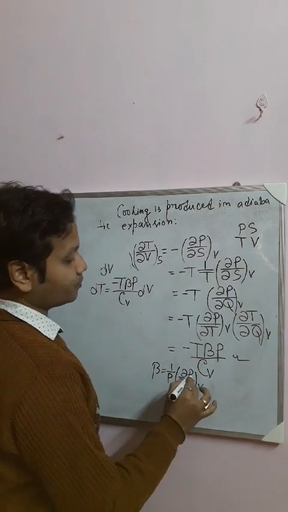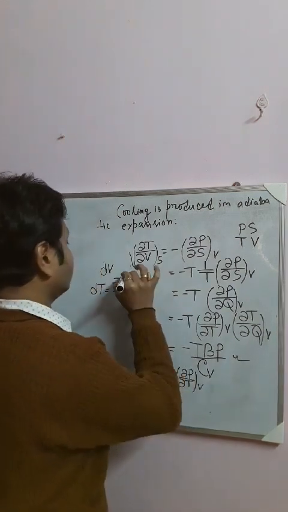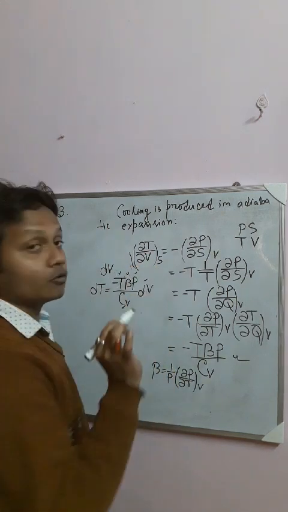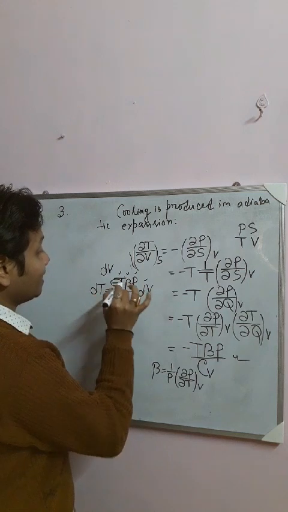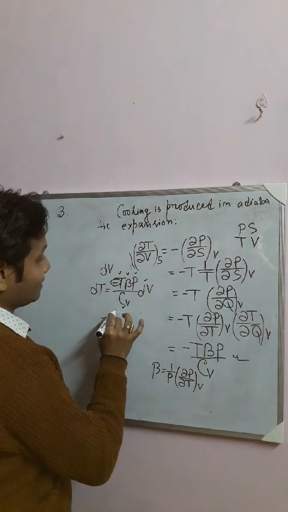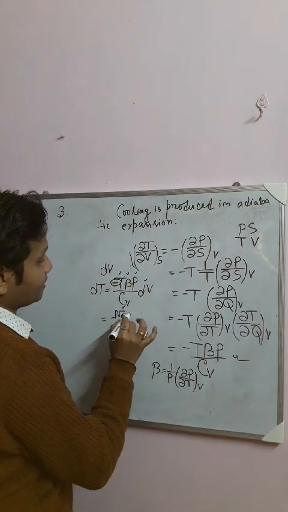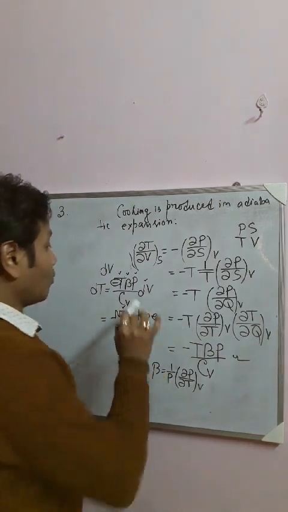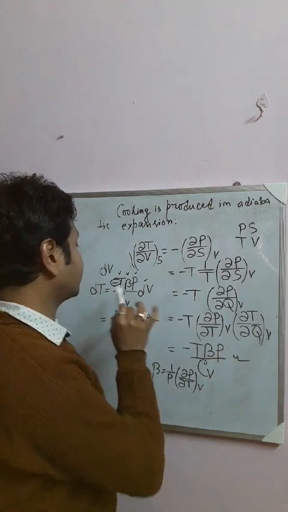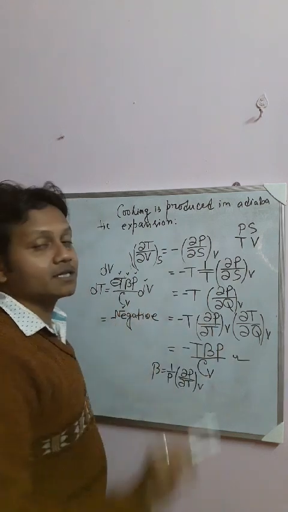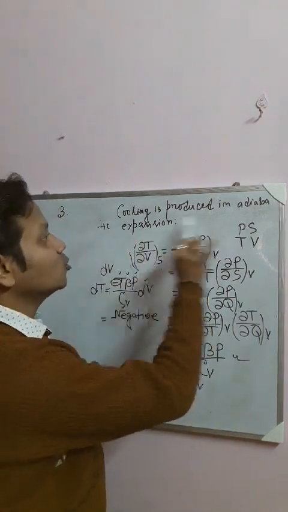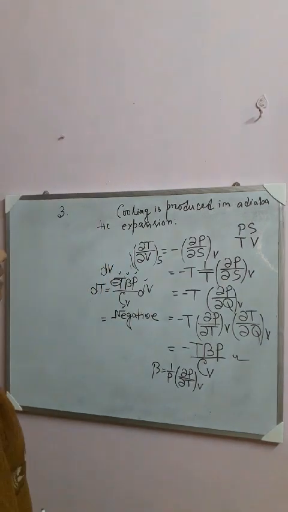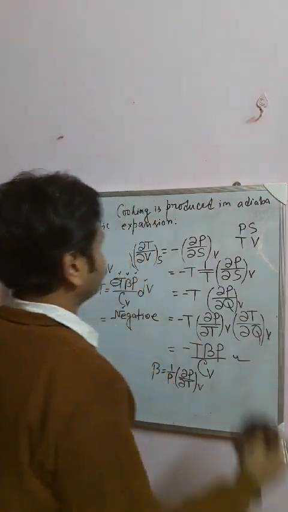At constant volume P increases with T. So beta is positive, and temperature, pressure, Cv all are positive. But due to the negative sign, the temperature decreases. So we can say cooling is produced during adiabatic expansion. Okay, so fine.